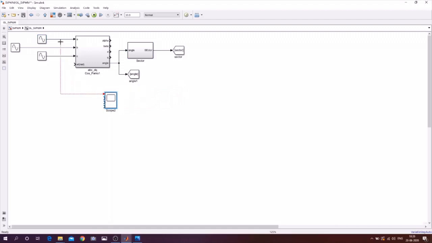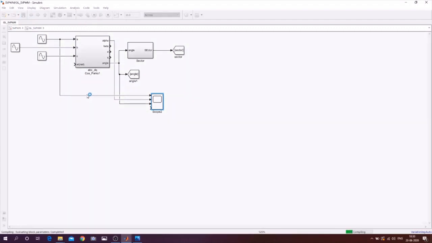So this is the sine wave, this will be alpha, and this will be the angle. Okay, so let us run and then check. It is compiling.